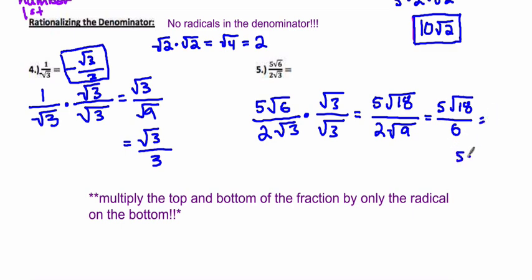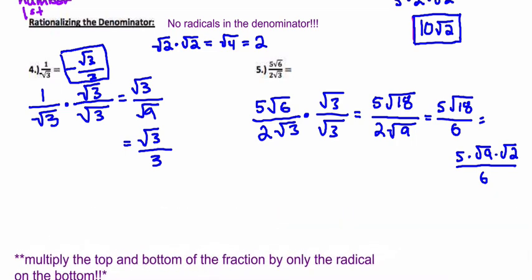So 5 times the square root of 9 times the square root of 2, all over 6. Square root of 9 is 3, so 5 times 3 is 15. Move my little words over here. 15 root 2 all over 6.